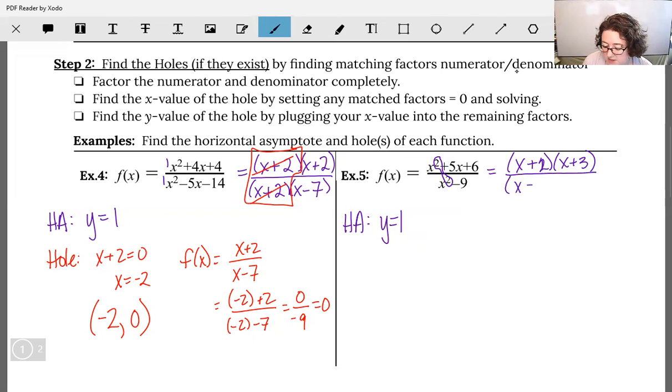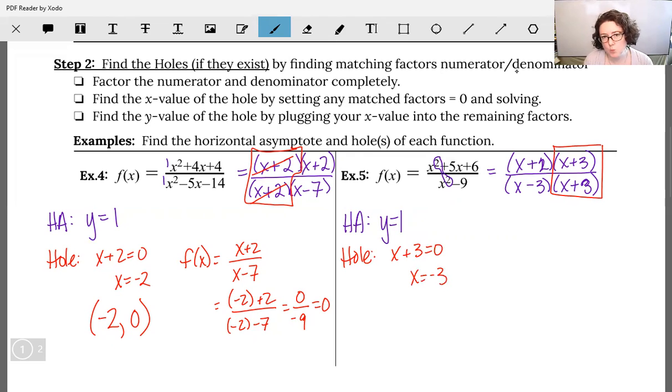That one is an x minus 3 and x plus 3, difference of squares. And so there's our matching factor. So I know I'm going to have a hole at x equals negative 3.